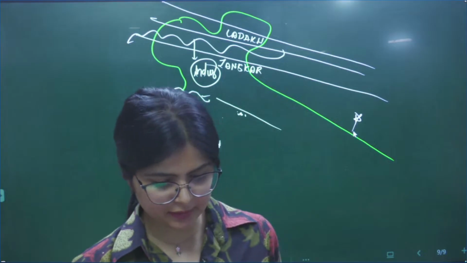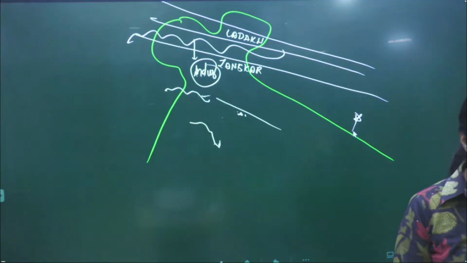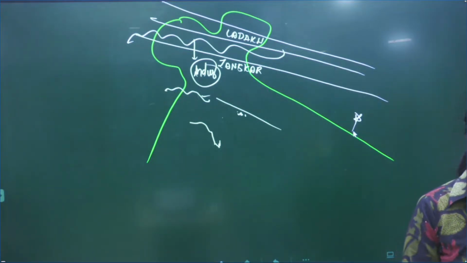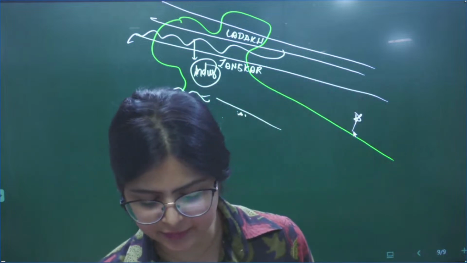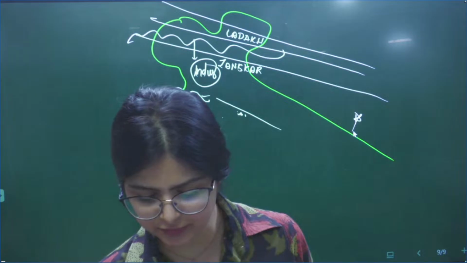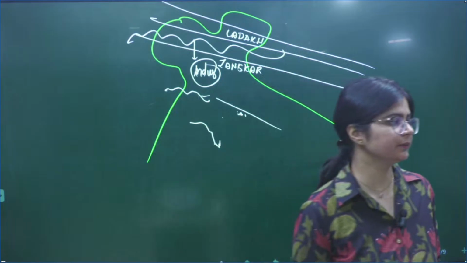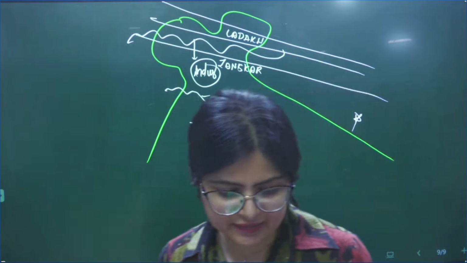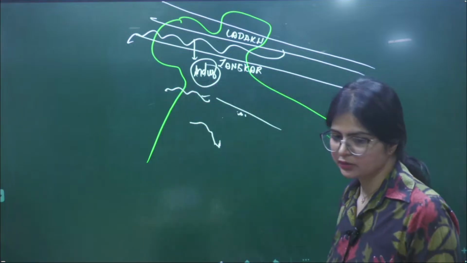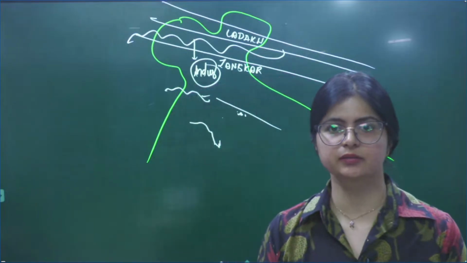Now write down about the Great Himalayas. The second part that you will write is about the Great Himalayas. They are also known as the Inner Himalayas or Himadri. Full stop.